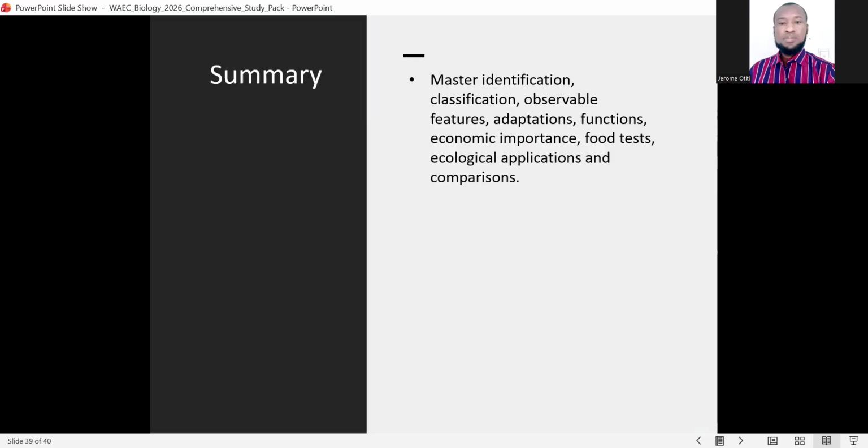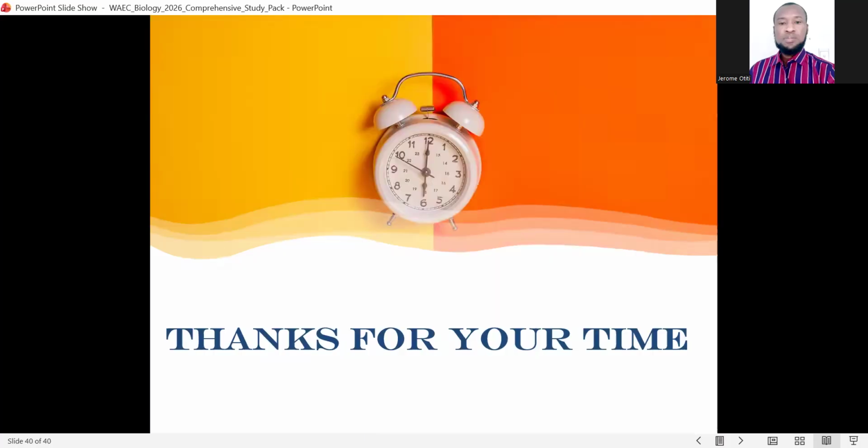So you master the identification, classification, observable features, adaptation, function, economic importance, food test, ecological application, and comparison. This is just a summary of the work.